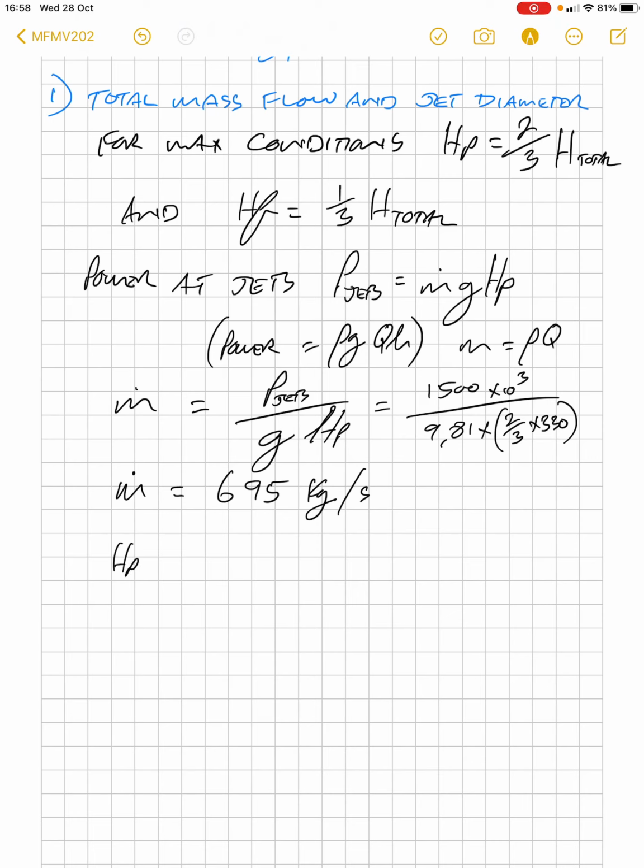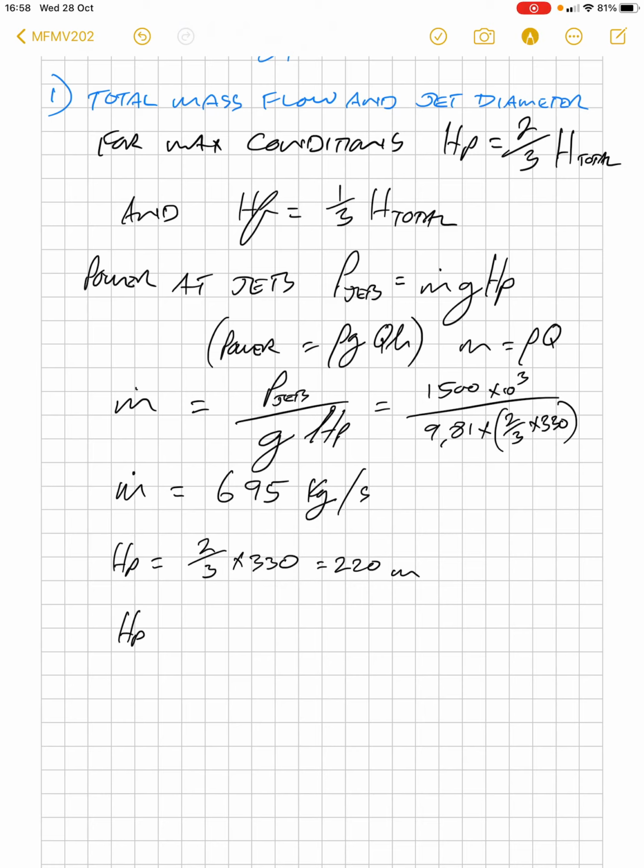Now, we also know that HP, which is the power available, is 2/3 of the total power in terms of head. So that's 330 times 2/3, which gives us 220 meters, which is the power head available at the jet.